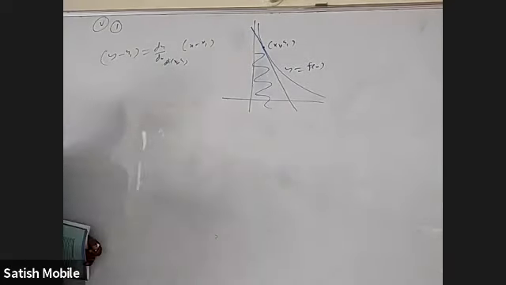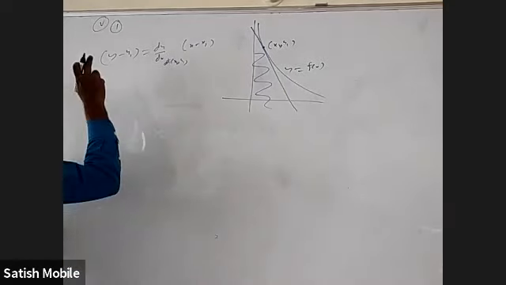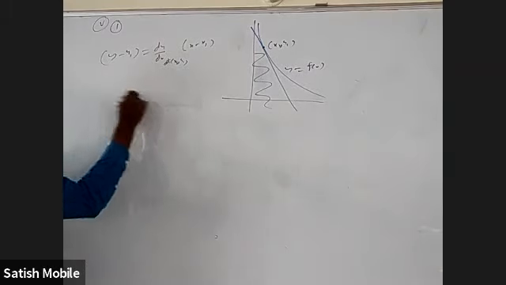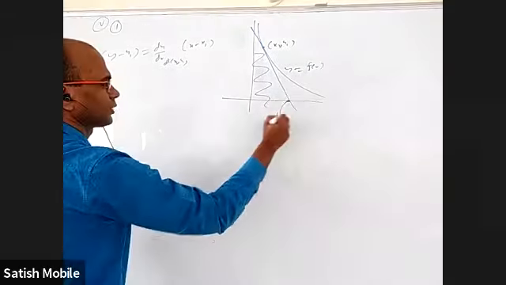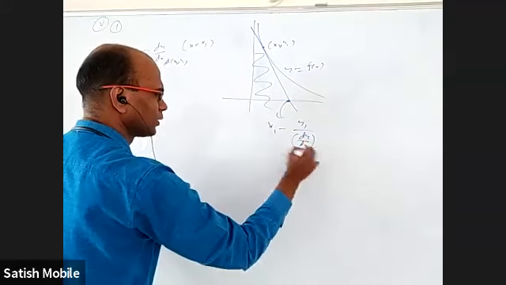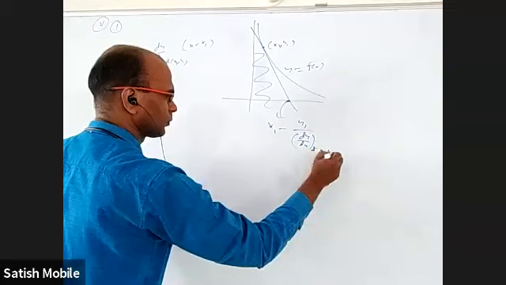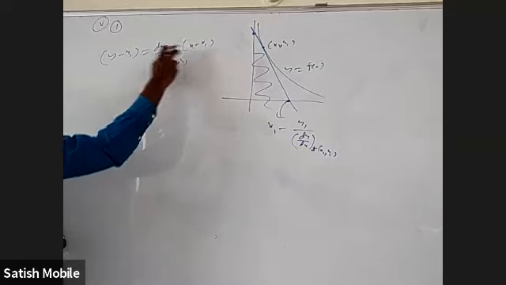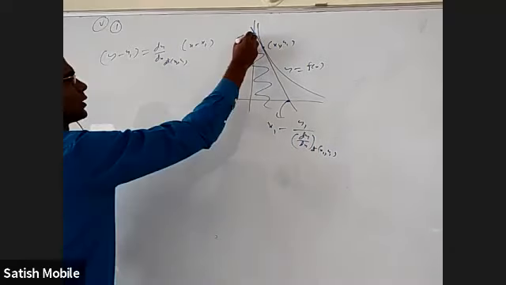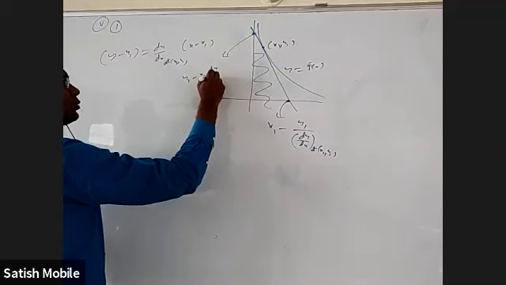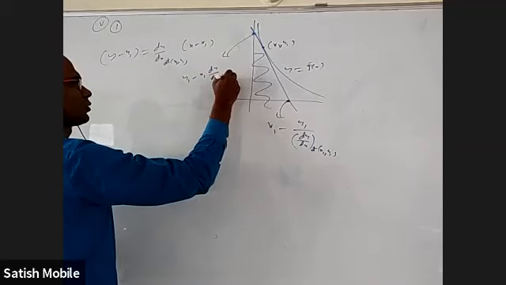This is the slope of the tangent. What is the x-intercept? Put y equal to 0. When you put y equal to 0, the x-intercept will come, that is x1 minus y1 by dy by dx at x1 comma y1. What is the y-intercept? Put x equal to 0. The y coordinate is y1 minus x1 into dy by dx at x1 comma y1.